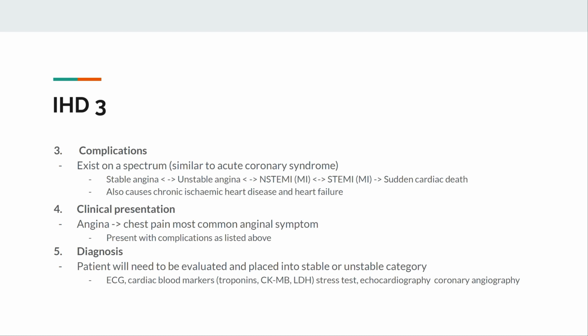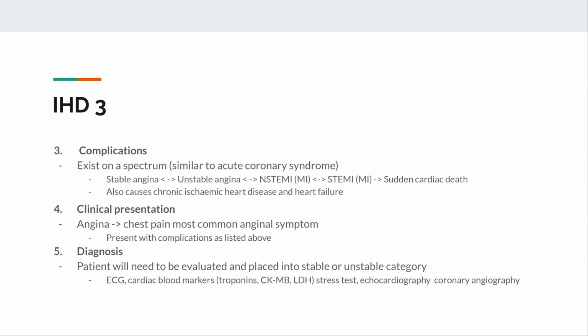In terms of the complications of ischemic heart disease, as I mentioned before, it exists on a spectrum, similar to acute coronary syndrome. The spectrum moves up and down depending on where you are and what sort of treatment you're getting. At the end of the spectrum is stable angina.